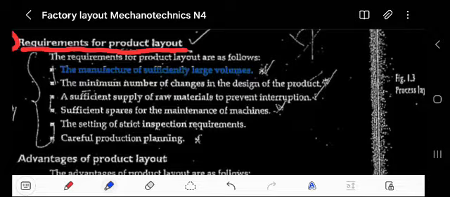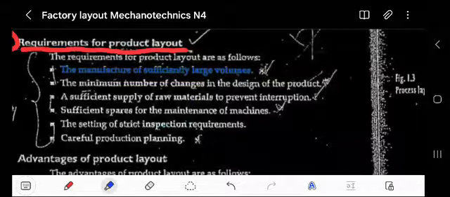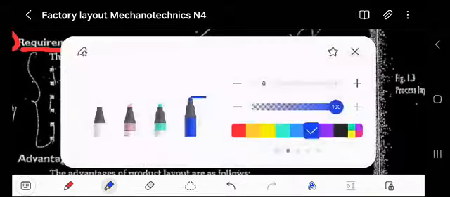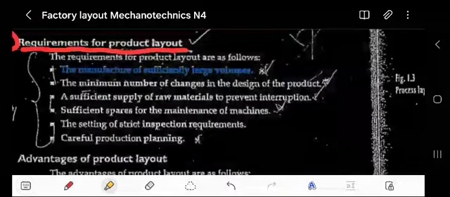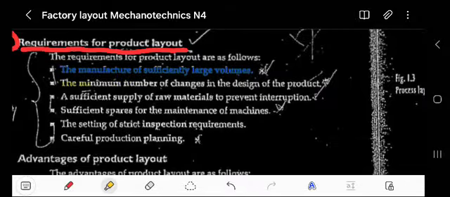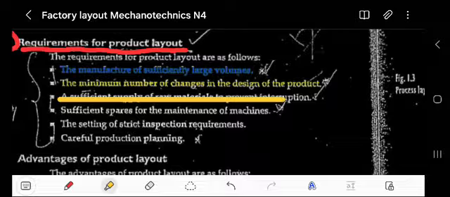Then let me change this highlighter. The minimum number of changes in the design of the products. A sufficient supply of raw material to prevent interruption.